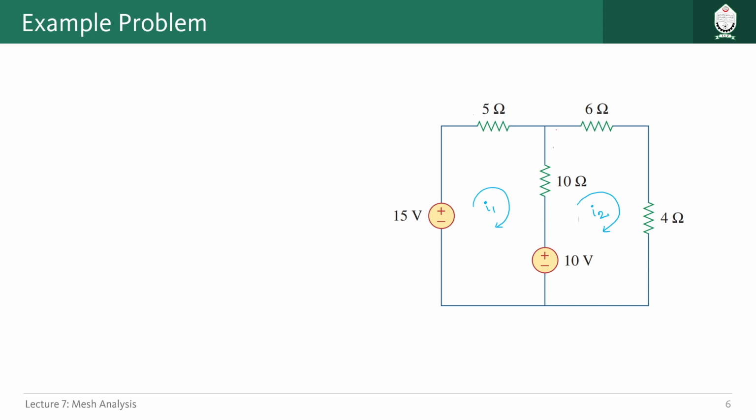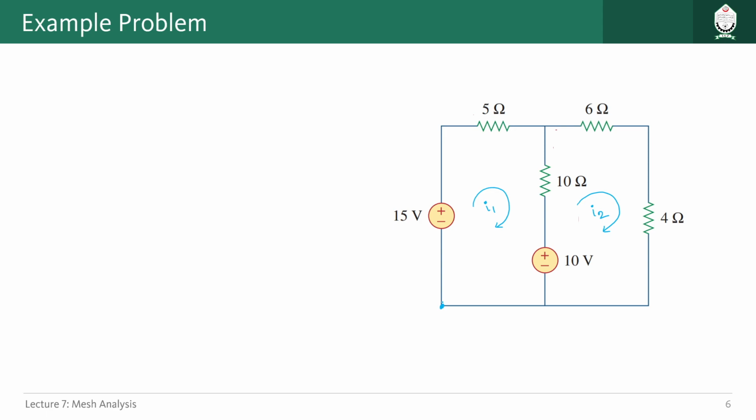We have to find them out using KVL. So we have to apply Kirchhoff's voltage law for each of the meshes, and this is a bit tricky. We will see how to actually do that. Let us start from here.